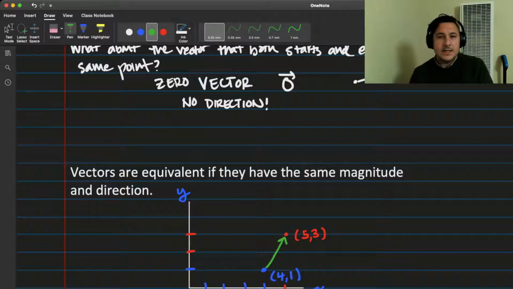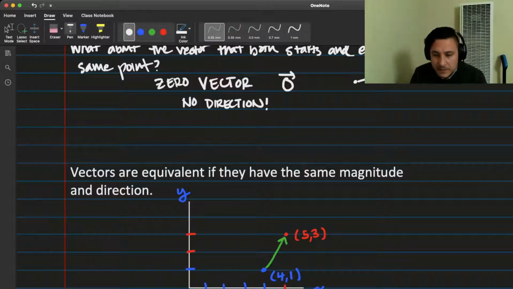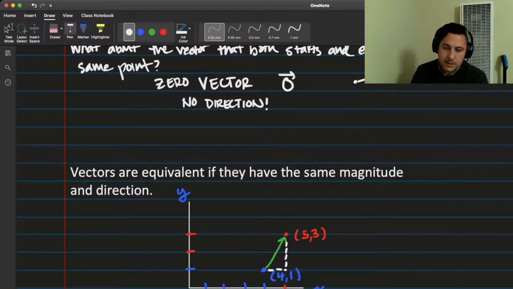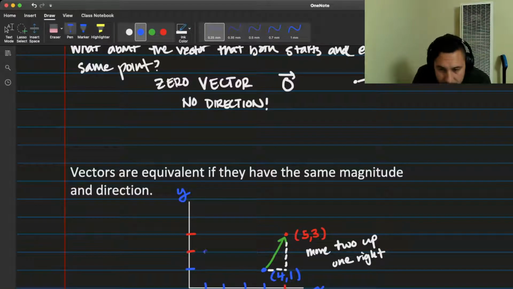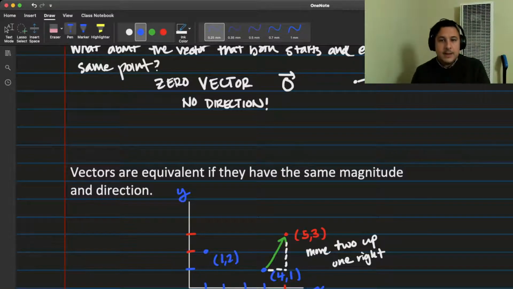If you look at this, you start at (4, 1), and you can think of this vector as moving 1 to the right and 2 up. Likewise, you can have an initial point at, let's say, (1, 2).